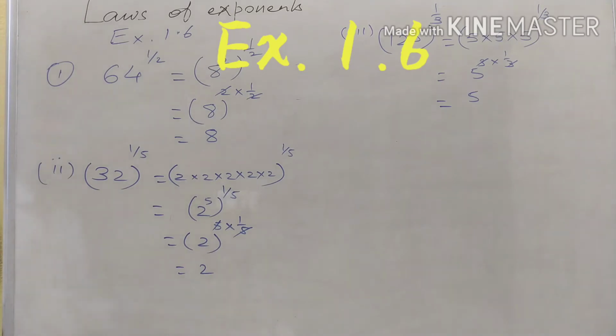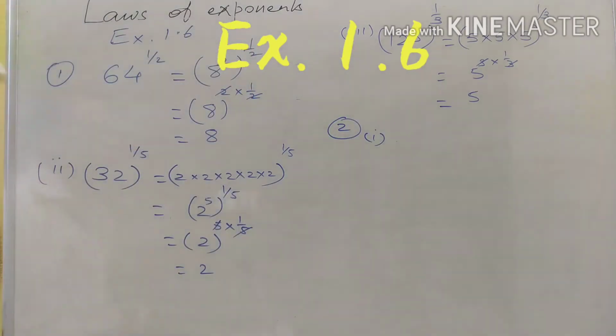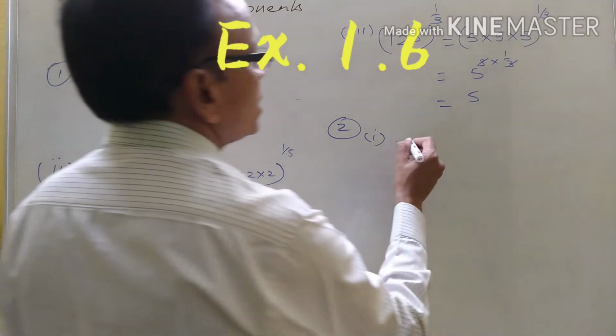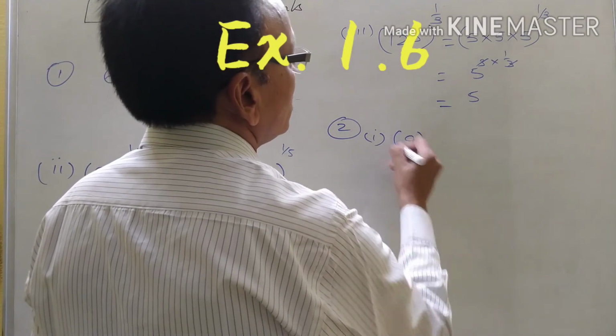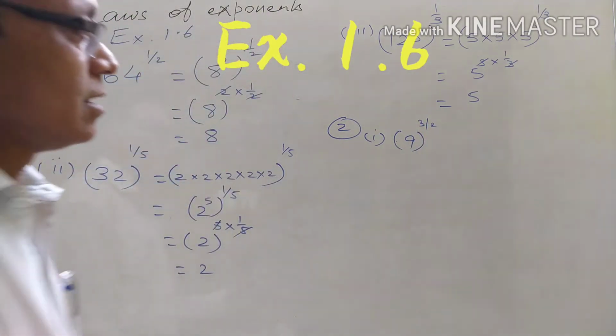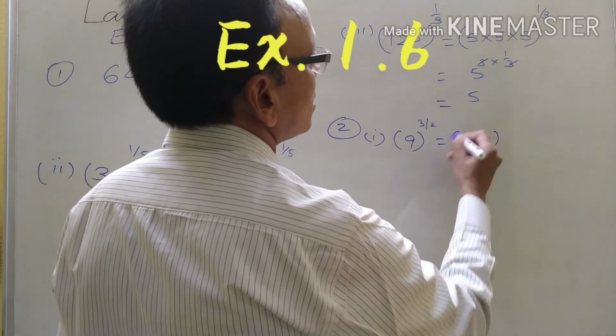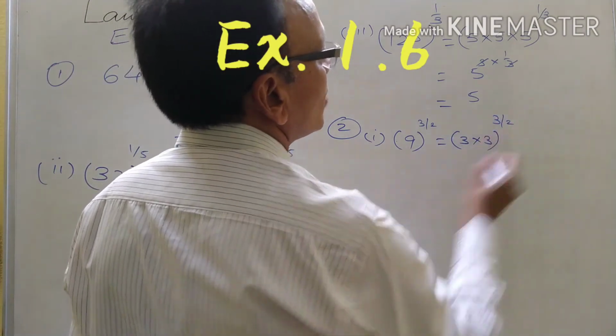Then we consider the second question. Find 9 to the power 3 by 2. We will simplify this. We know that 9 means 3 into 3. This power is 3 by 2.